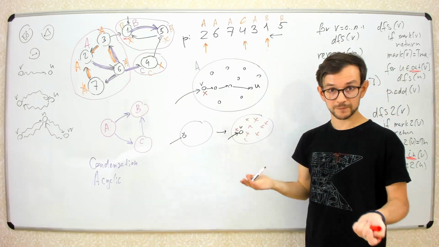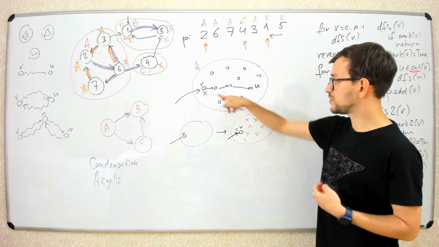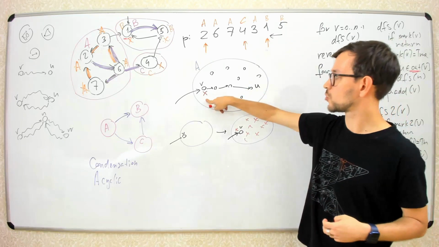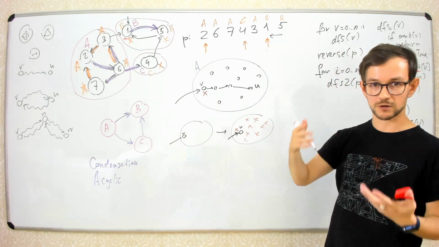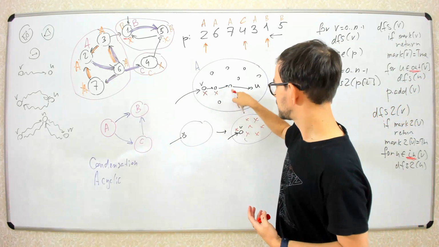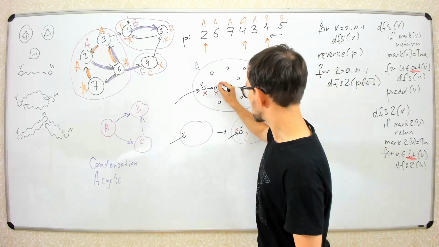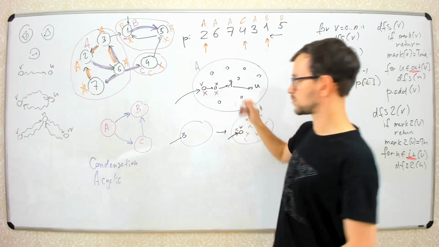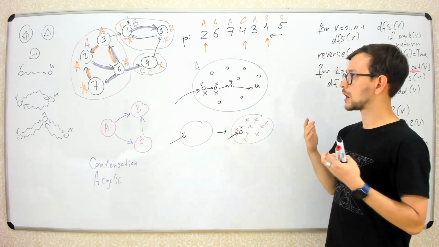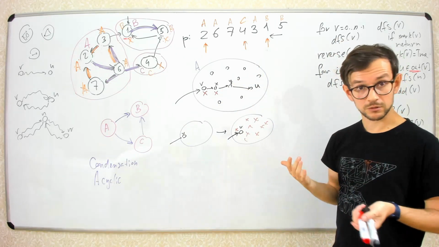How could it happen? Let's find the first node on this path which wasn't marked. For example, this node X is marked, but this node Y wasn't marked. How could it happen? It couldn't happen.